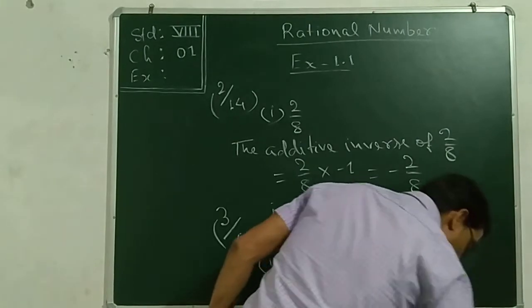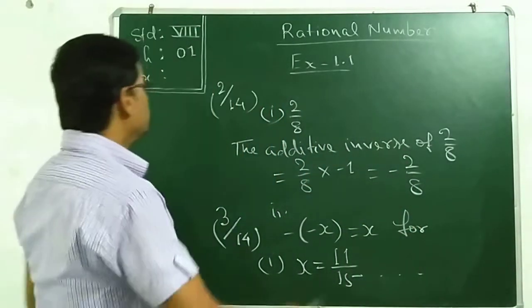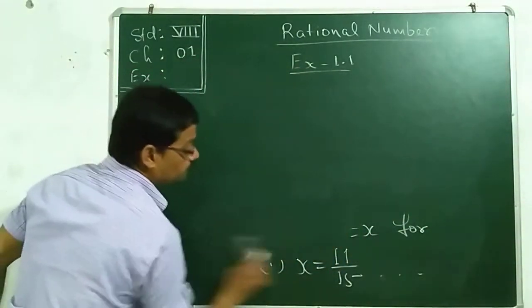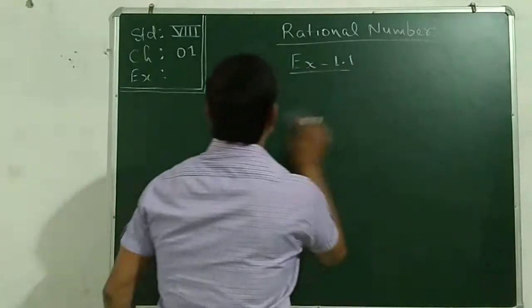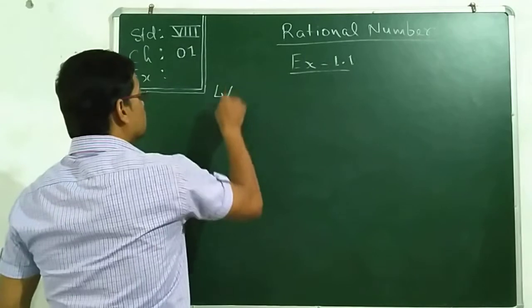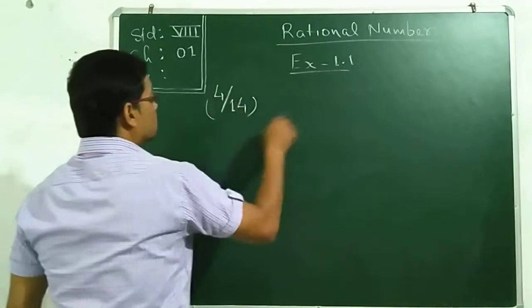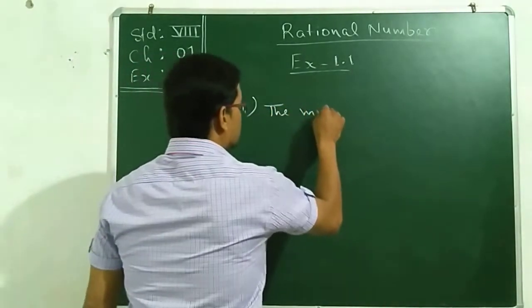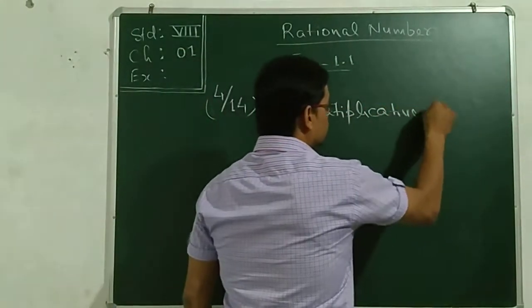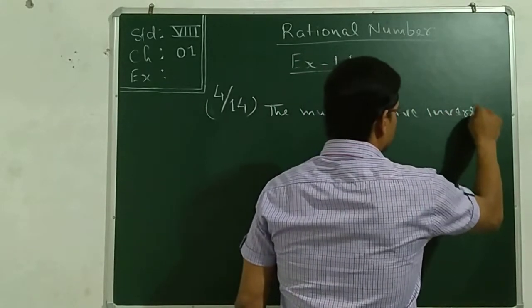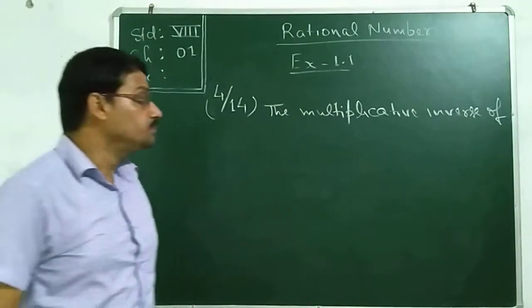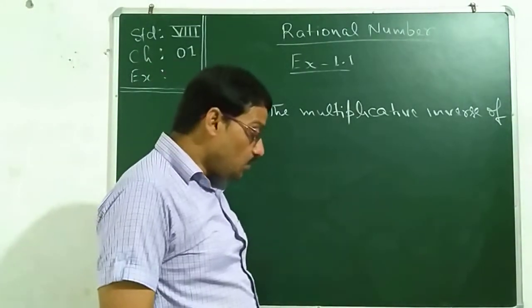The fourth one is to find out the multiplicative inverse of some of the numbers. See, the multiplicative inverse of various numbers I had taught you, that was also called the reciprocal.